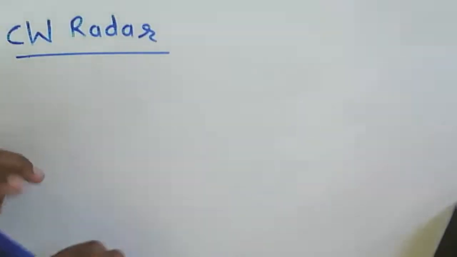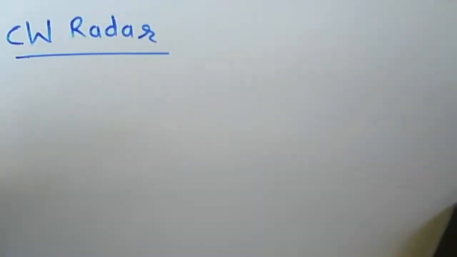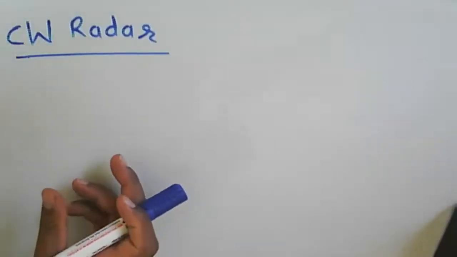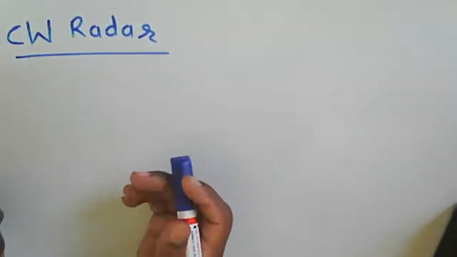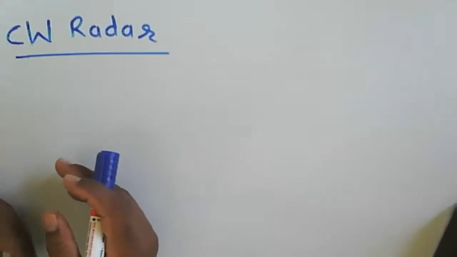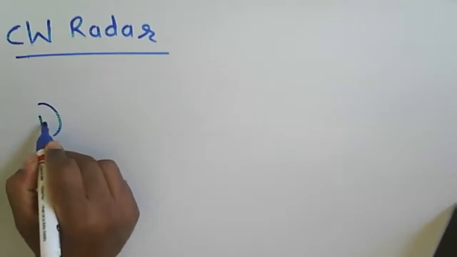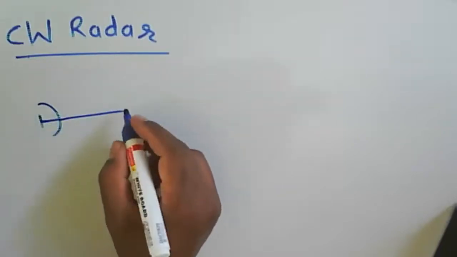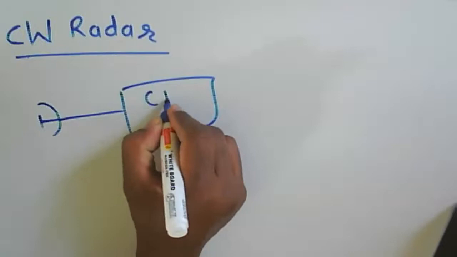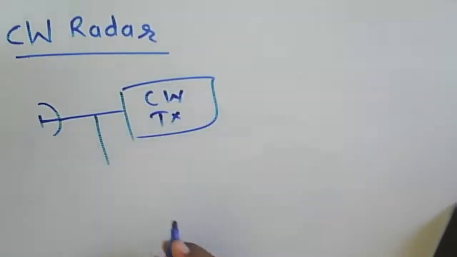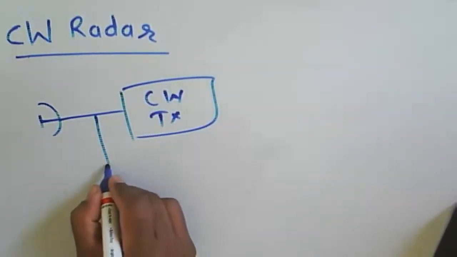But the echo signal received from the target has some limitations on the threshold level of the signal, as well as an issue related to bandwidth. Consider a CW radar: we have a CW transmitter section, and then we have a receiver here.